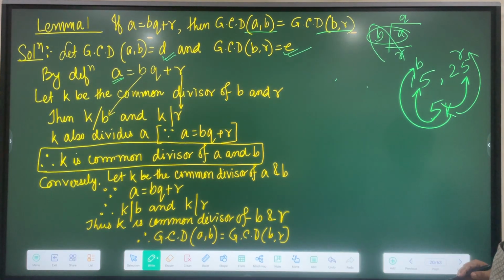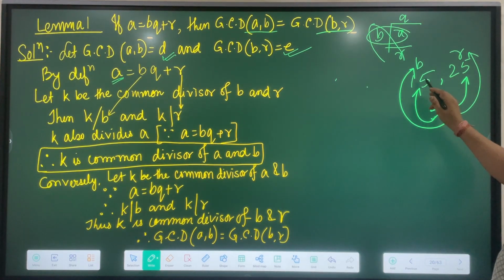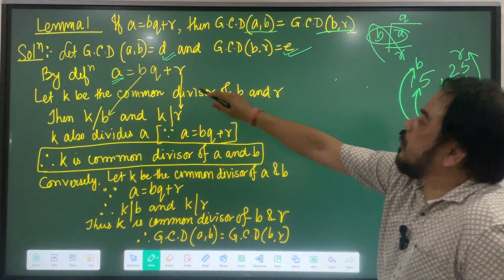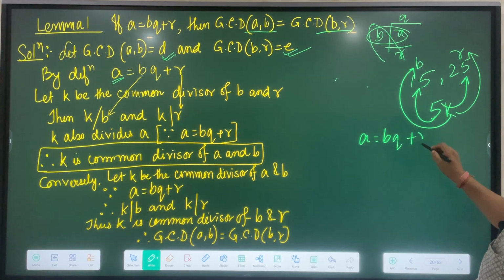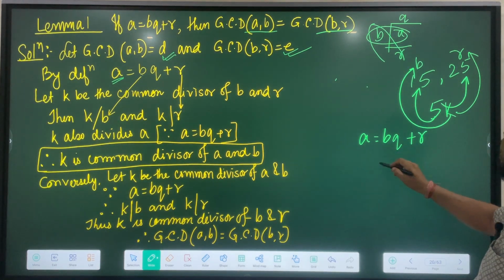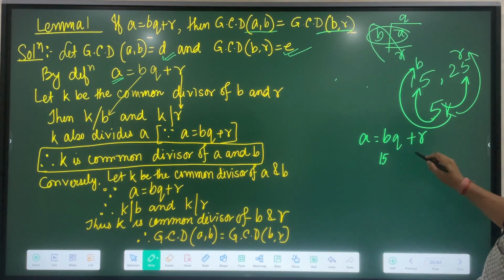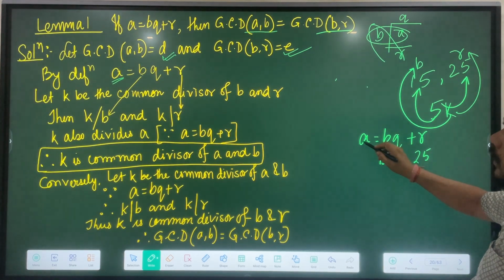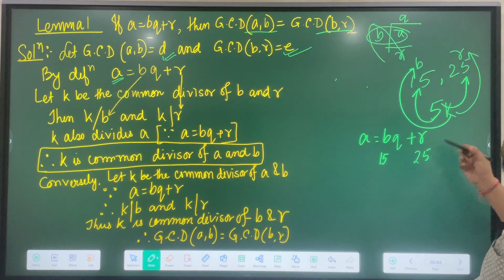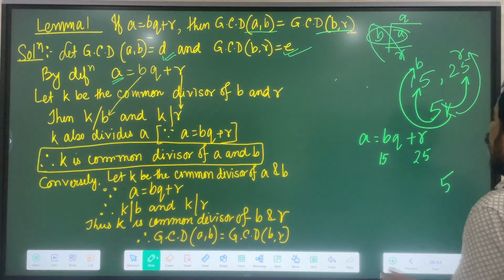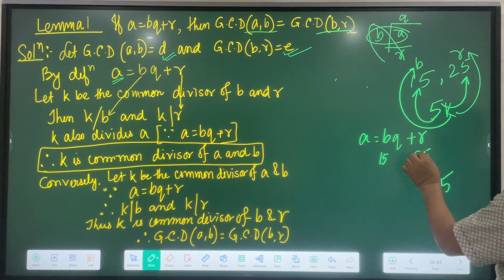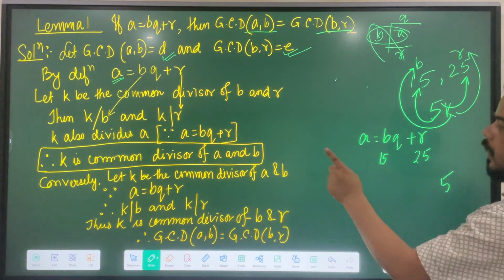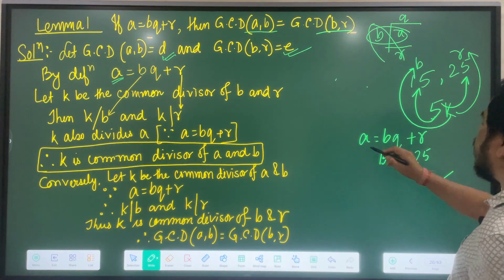A equals BQ plus R, with B as 15 and R as 25. Suppose K is 5. By 5, 15 is divisible and by 5, 25 is divisible. So K also divides A.